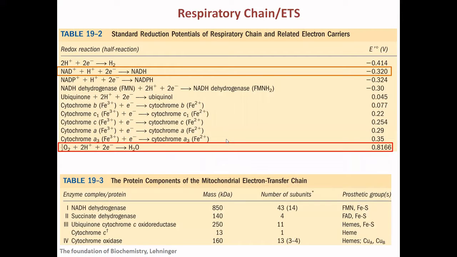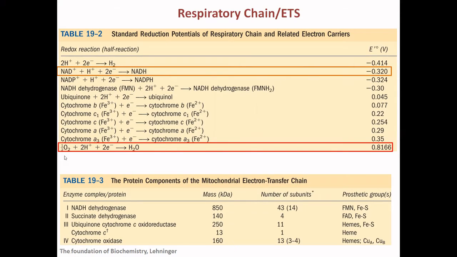So before discussing the electron transport system, we are going to see the various molecules that are going to be used in this, like the NADH, that is the source of the energy-rich electron. The redox potential of NADH is minus 0.320 volt, and the end product is the water molecule from the oxygen atom.